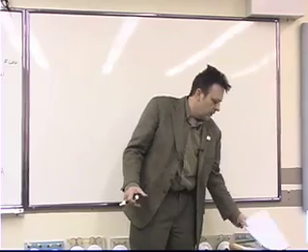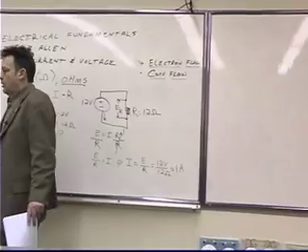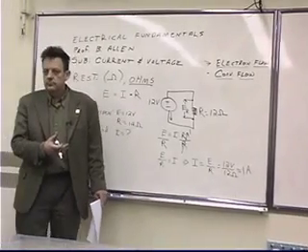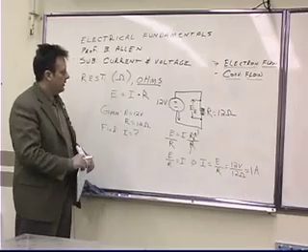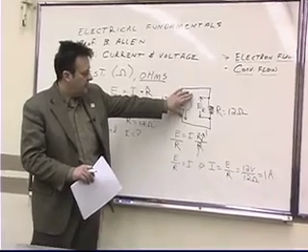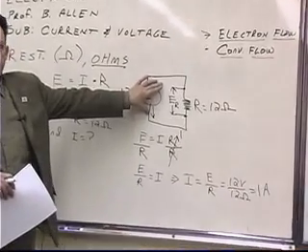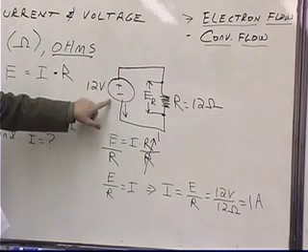Are there any questions so far? In this circuit, we gave an example of a DC power source, like you find under the hood of your car, a lead acid battery, that was 12 volts.